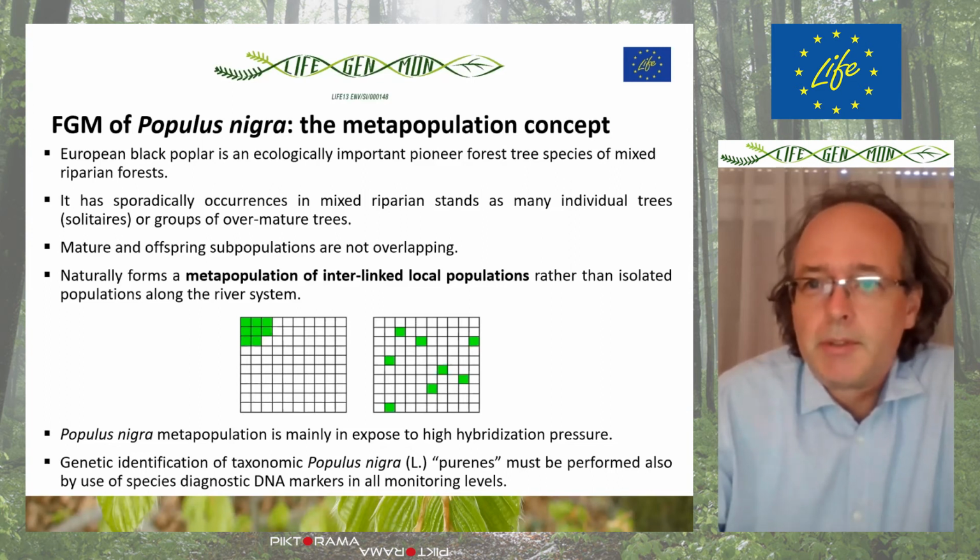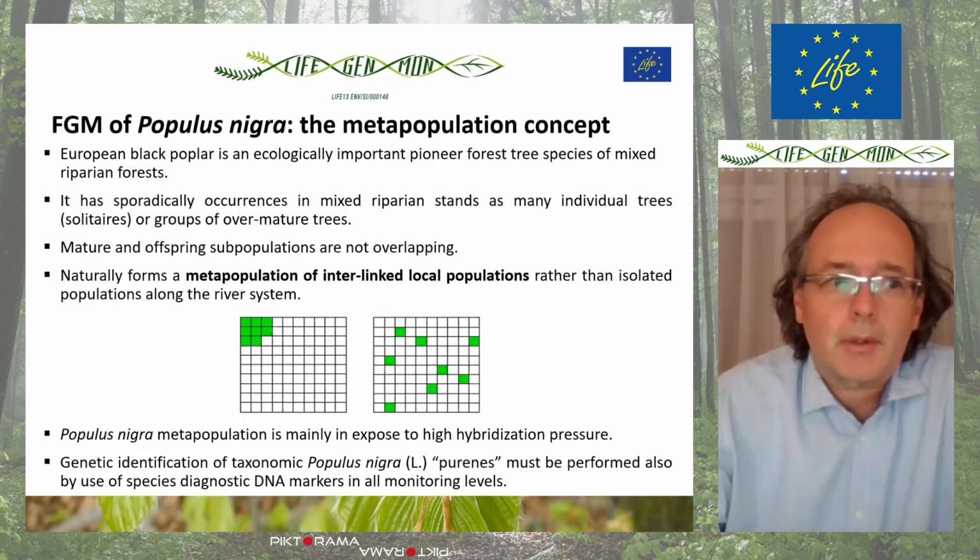Plantations were established on the alluvial sites, and therefore there is a strong pressure on the metapopulation for hybridization. Because of this, we need to do genetic identification of Populus nigra trees, and we have to do it also by use of molecular markers.